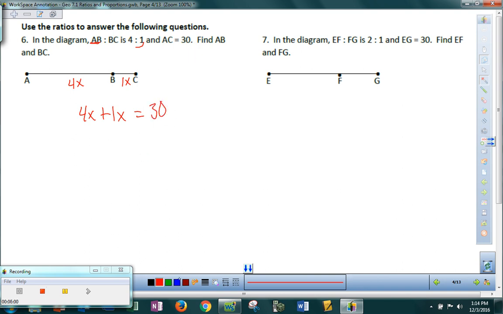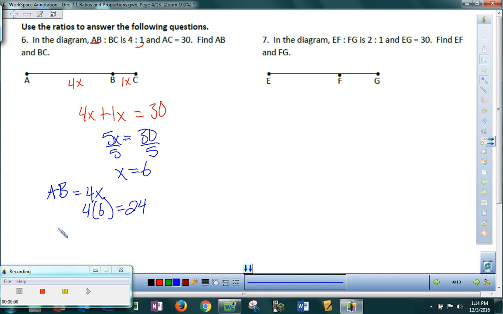So then we've got an equation where we can find that scale factor. 4x plus x is just 5x, and then equal to 30. If we divide by 5 on both sides, we have that our factor is actually 6. So if we want to find out the length of AB, we would just say 4x is the same thing as 4 times 6, which gives us a length of 24.